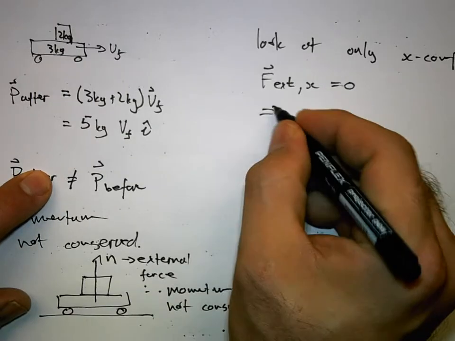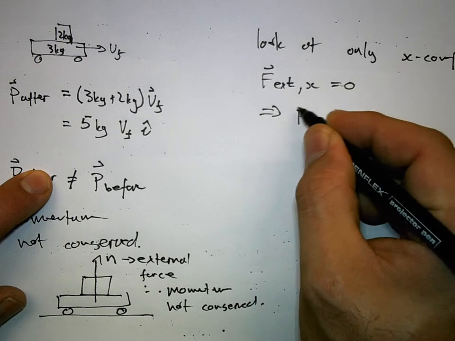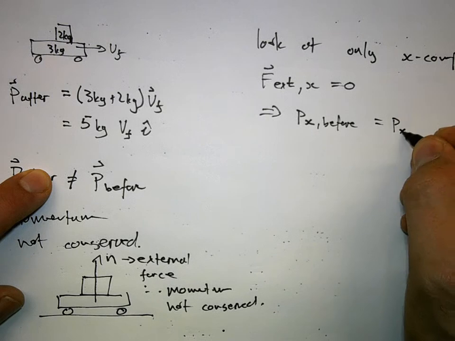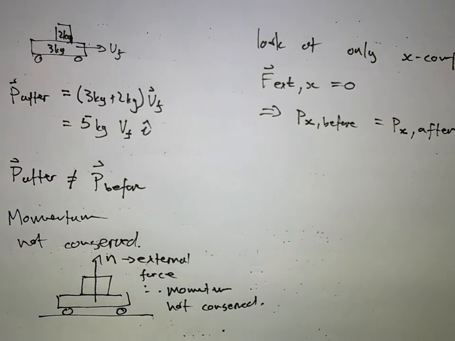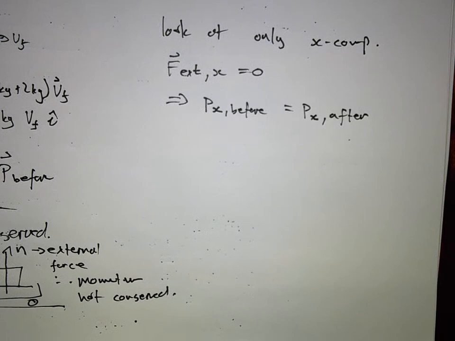Now this implies that the x component of the total momentum will be conserved. So momentum along the y direction is not conserved because our external force acts along the y direction. Along the x direction, we don't have any external force component, so we expect the x component of the momentum to be conserved.